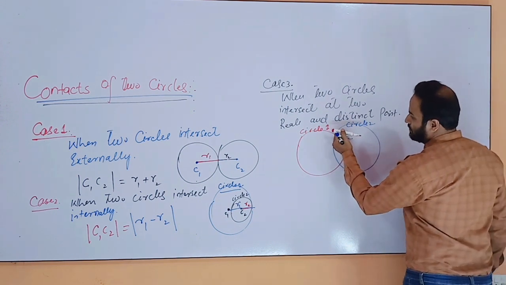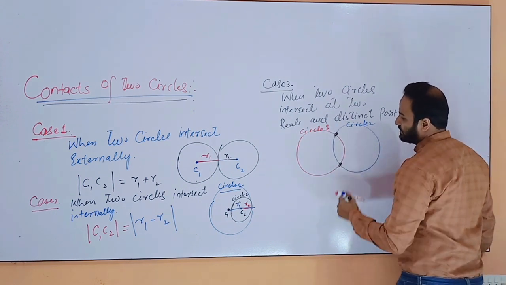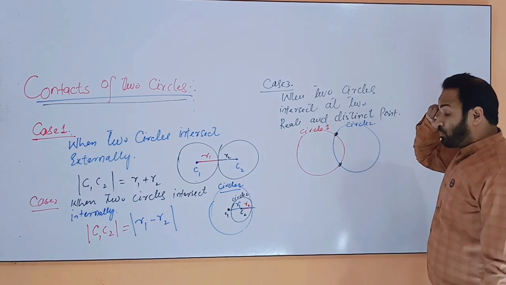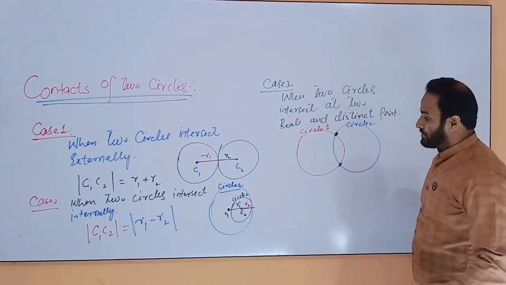You can see here, both circles intersect each other at two different points. The points are real and distinct.